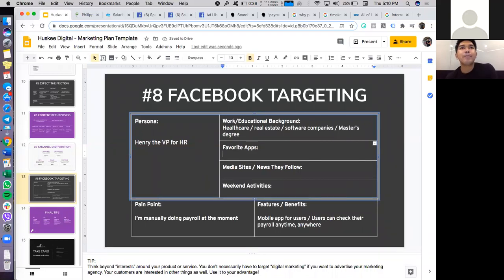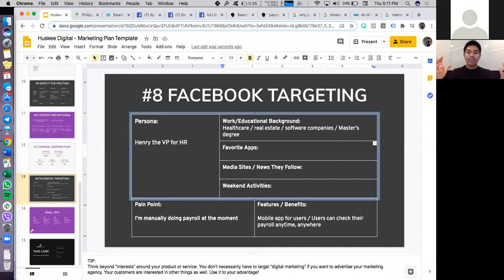Here's the thing. People don't understand that when they're doing Facebook targeting, you don't necessarily have to pick interests around your product. For example, for Huskee, when I run ads, I don't necessarily have to target people who like marketing. My clients or my prospects, they're not thinking about marketing 24/7, right? They're human beings with actual habits other than just marketing.